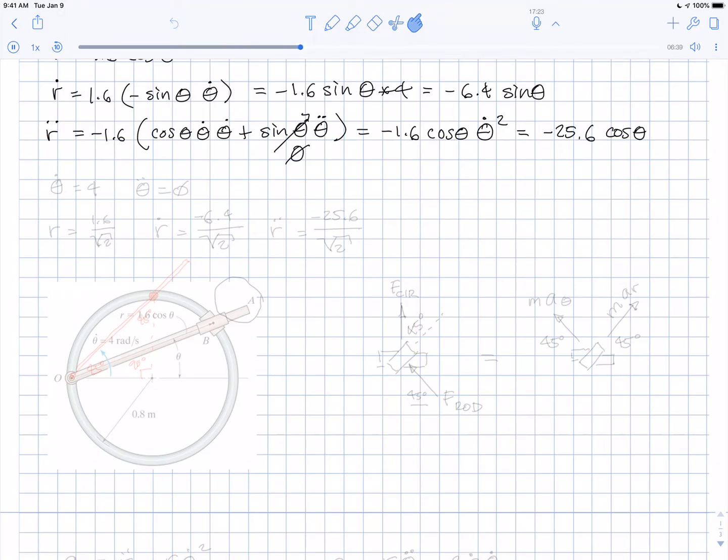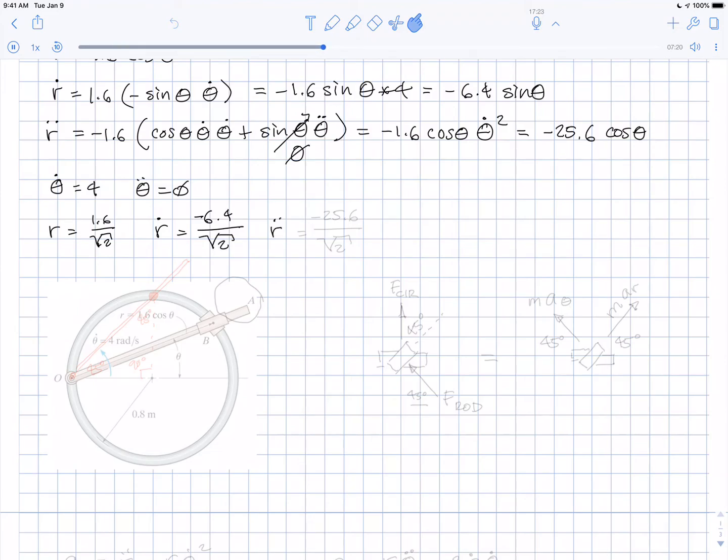They want to know all of this when theta is 45. So when theta is 45, sine theta is 1 over root 2, and cos theta is 1 over root 2. So finally, theta dot is 4 radians per second, theta double dot is 0. r is 1.6 over the square root of 2. r dot equals minus 6.4 over the square root of 2.